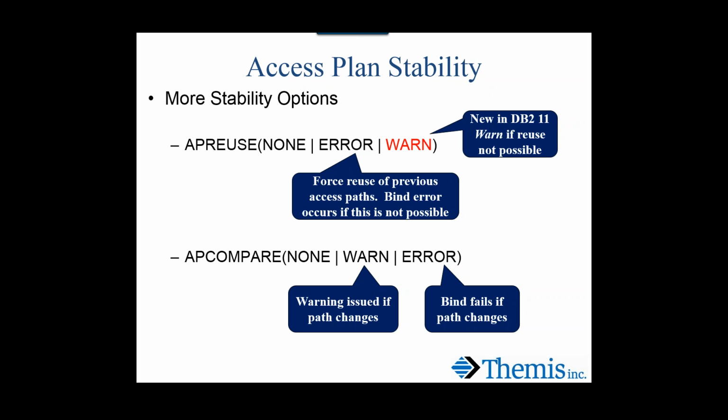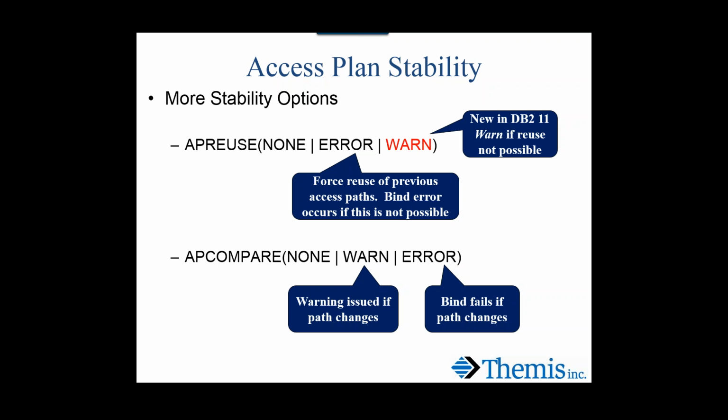And AP reuse error says if DB2 just can't use the access path that it was using before, then please fail the bind. I find lots of people using that one, and lots of people use that to help them get to version 10. So in other words, when you migrate forward and you want to, for performance reasons, reorg or rebind all of your packages or a big chunk of your packages, then we also maybe want some stability there.